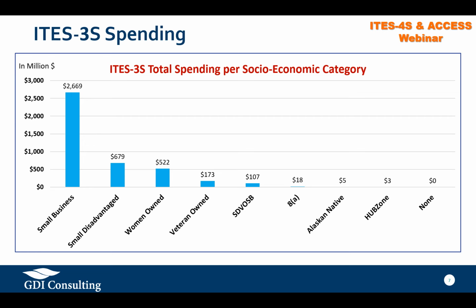The other socioeconomic types, such as veteran-owned, service-disabled veteran-owned, 8(a), Alaska Native and HUBZone and others, have a much smaller chunk compared to total small business. So this is how the overall socioeconomic spending under ITES-3S looks.